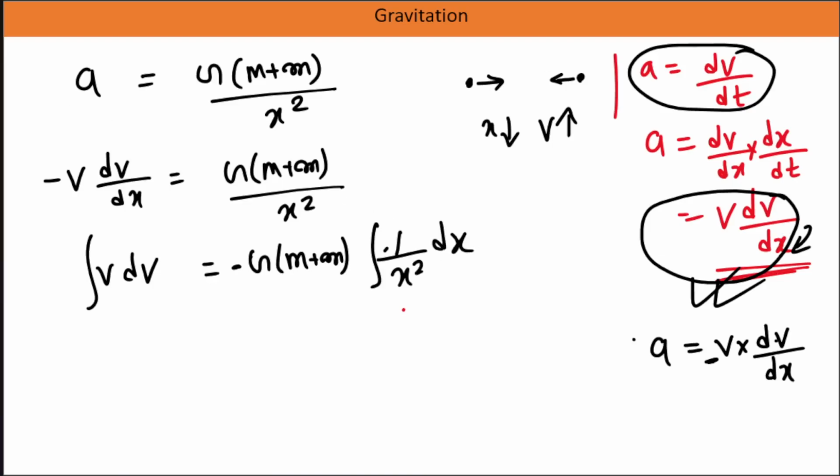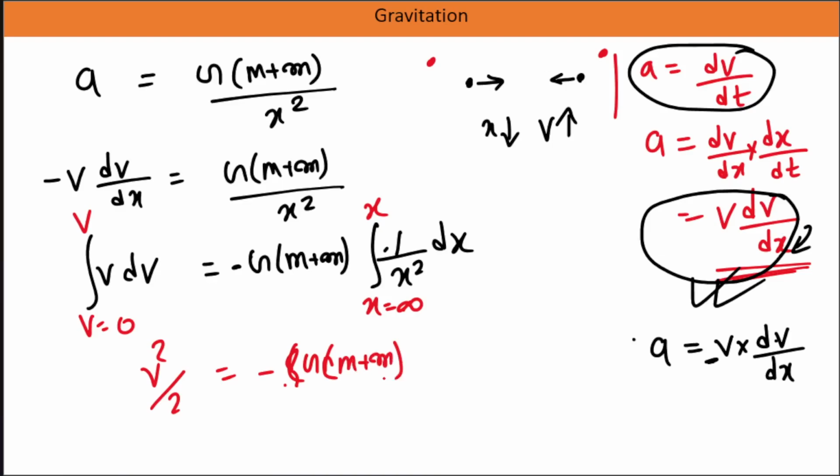Now let us put the limit. Initially these masses are at infinite separation and at that point at infinite separation their velocity is 0. And at separation x, let us say velocity is v. So this will become v square by 2 and this will become minus g m plus m, ठीक है, divided by how much?